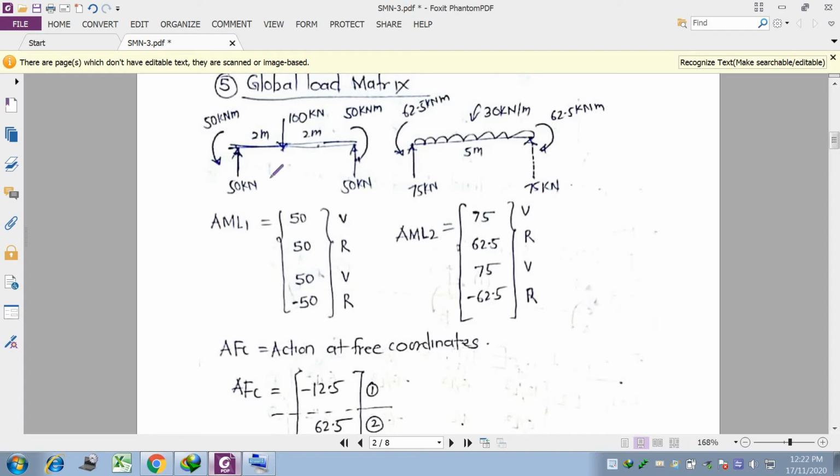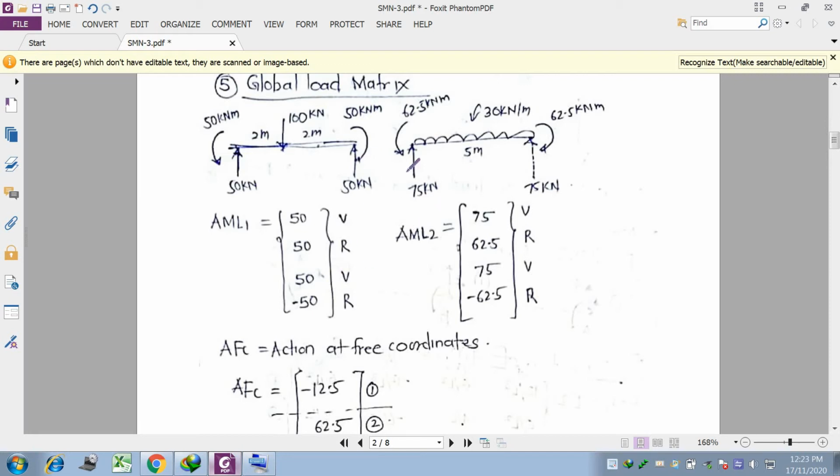And in rotation we must remember that as we are writing in matrix form, the anti-clockwise movement becomes plus and the clockwise movement becomes minus. So here it is 50, and this minus effect will become plus here. Again 50 will be there as a vertical reaction, then here the clockwise 50 kilonewton meter will become minus 50.